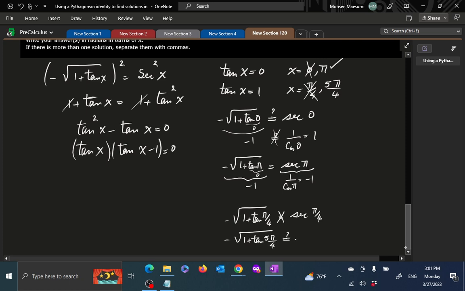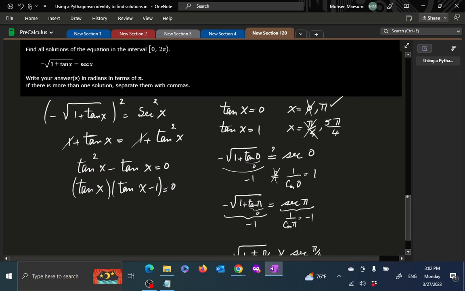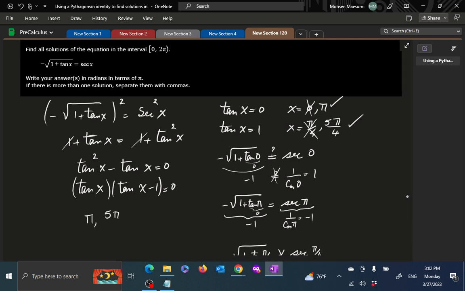Is that the same as secant of 5 pi over 4? Well, secant of 5 pi over 4 is going to be minus radical 2. This is also minus radical 2. This checks out, and so this answer checks out. So our answers are pi and 5 pi over 4. This is the set of acceptable answers.